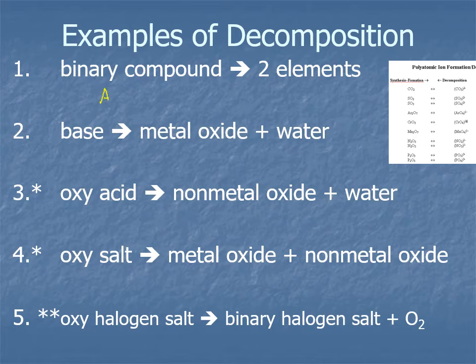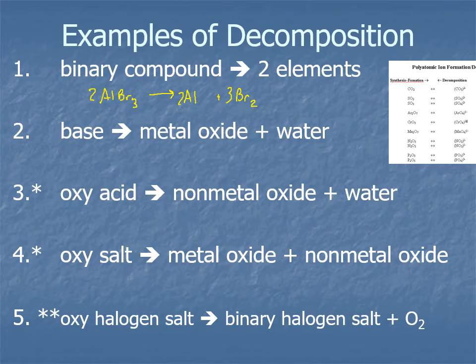So let's do AlBr3. Binary compound. It's going to break down into two elements, one of which would be aluminum and the other bromine. And bromine is now a free element and it's diatomic. That's, I think, the better example here. So bromine being diatomic, I've done what I need to do. I should balance. It's an odd-even issue at this point. So 3 times 2, 2 times 3, and 2.